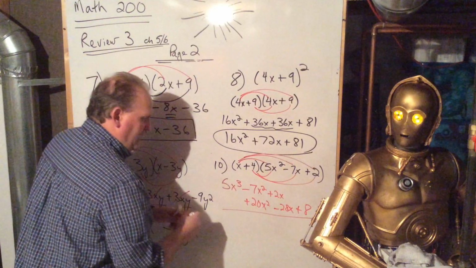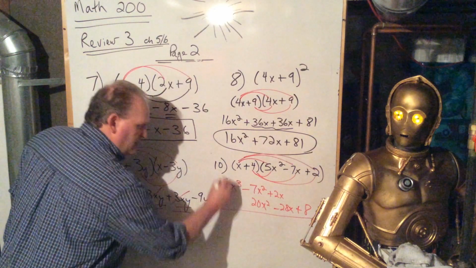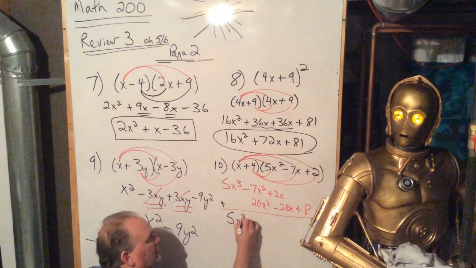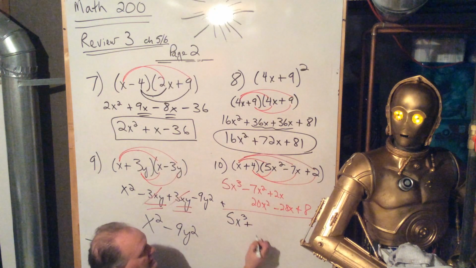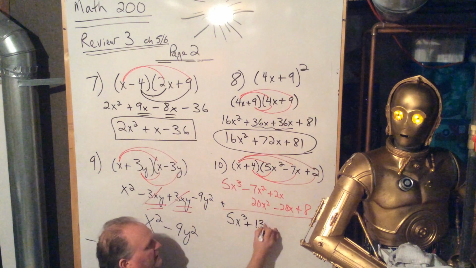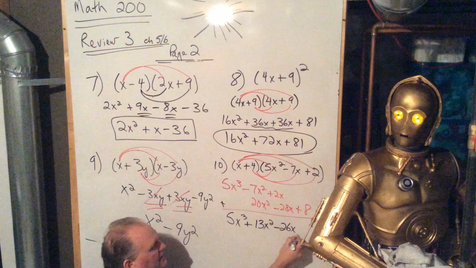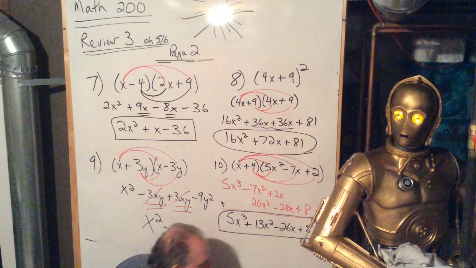And now we just kind of add straight down. So here, we'll put the plus over here. So we got 5x to the third plus, what is that? 13x squared minus 26x plus 8. And there we go.